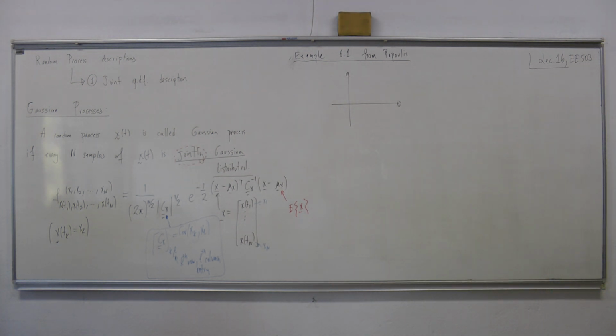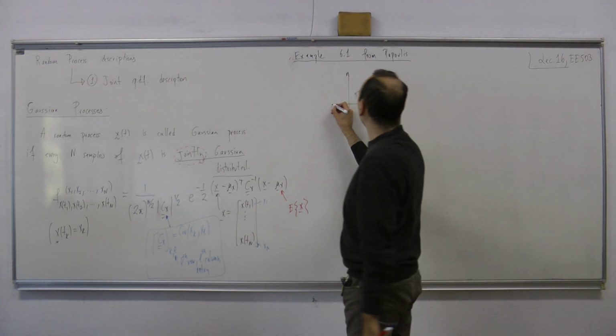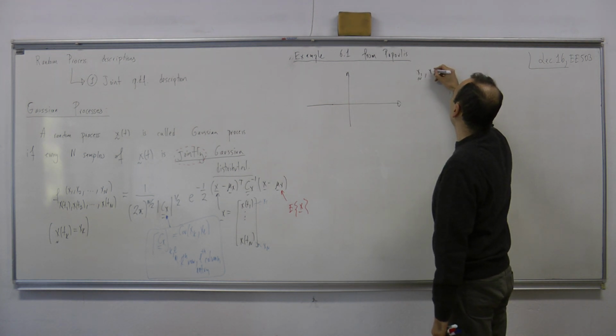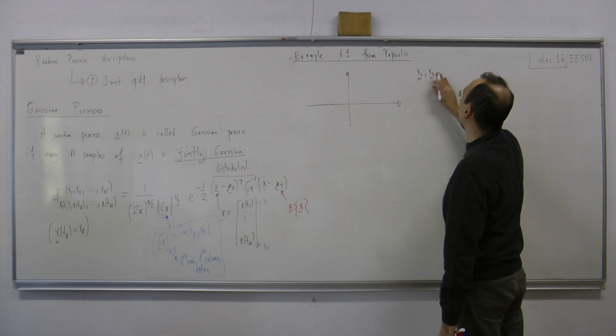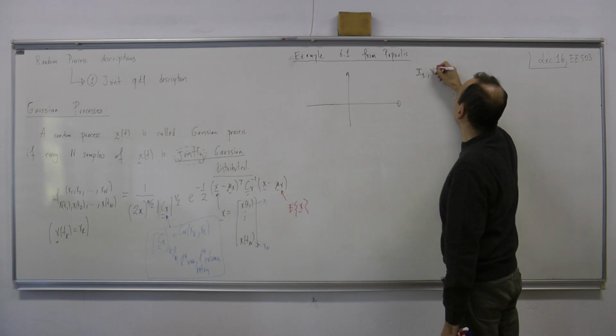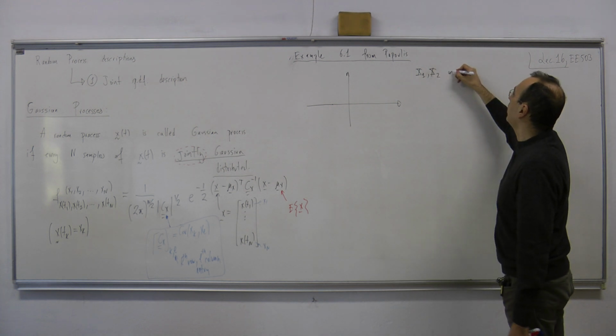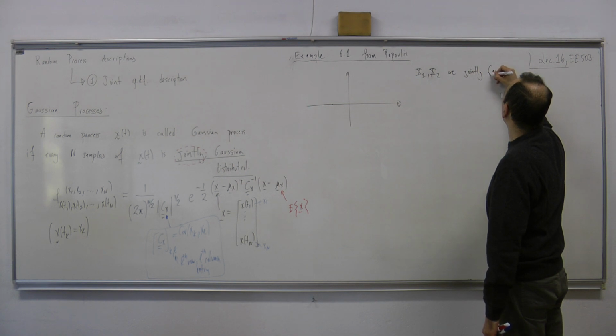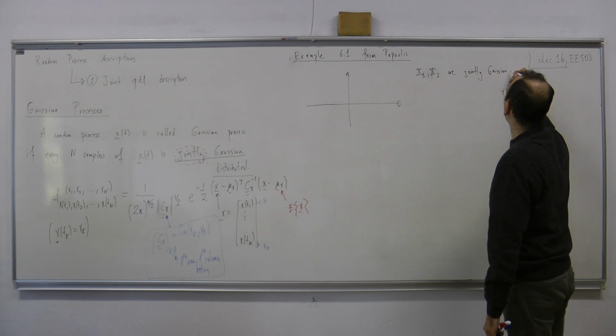Okay. Now let's assume that x1, x2 are, let me use capital letters, a different notation. These are random variables. x1, x2 are jointly Gaussian. Okay.